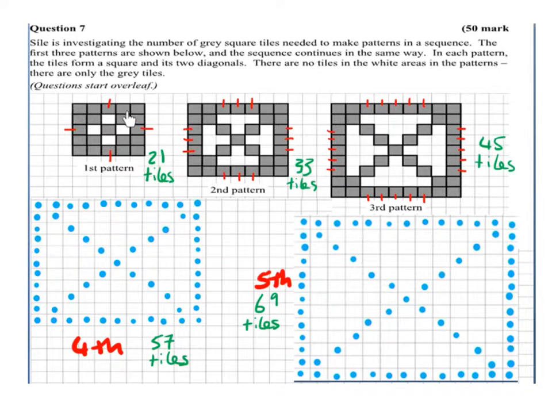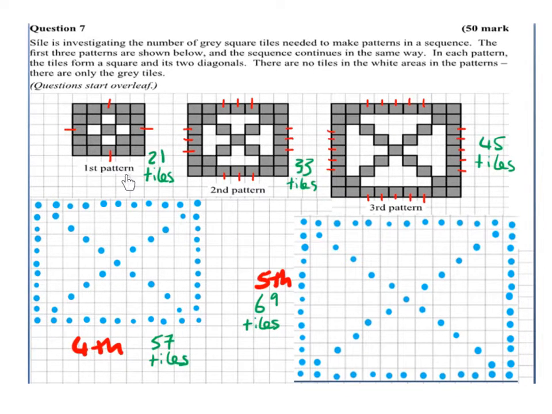So we had 5 across and 5 down, then 7 across and 7 down, and then 9 across and 9 down. So now we're going to have 11 across and 11 down, and then 13 across and 13 down for the fourth and fifth. So for the fourth we have 1, 2, 3, 4, 5, 6, 7, 8, 9, 10, 11 across and 11 down and the diagonals.